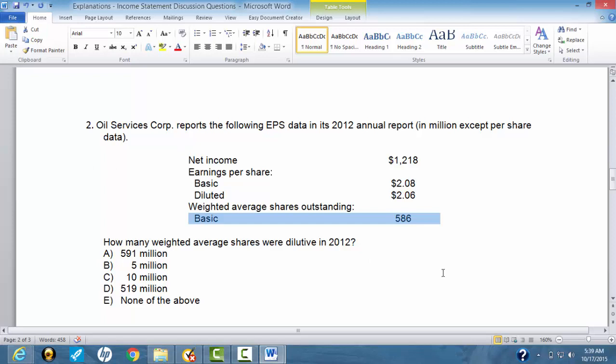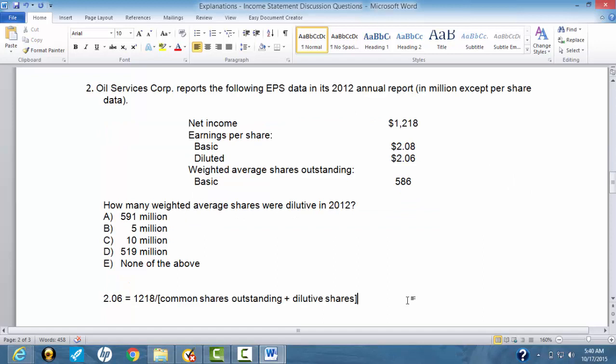So we are asked how many weighted average shares were dilutive in 2012. To solve this question, we look at the diluted EPS and figure out how we calculate it. Diluted EPS is net income divided by the common shares outstanding plus the dilutive shares.